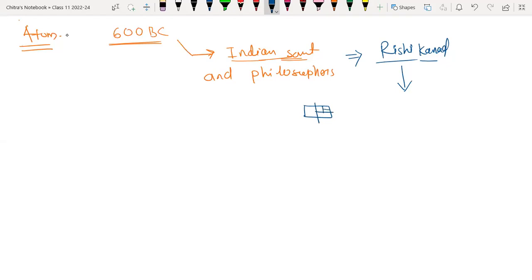He performed the same activity again and again on different matter, and he reached a situation where it could not be divided further. He tried to divide many times, but one time he could not divide that particle again, and he named that particle Parmanu.